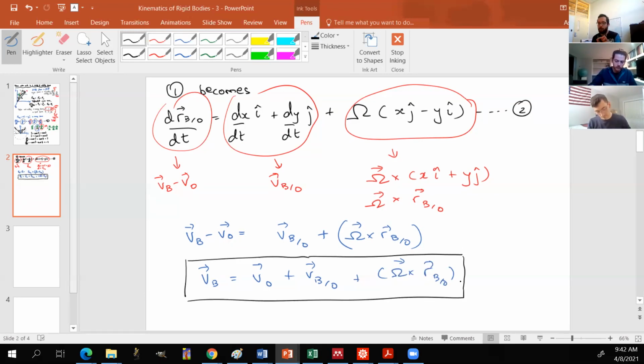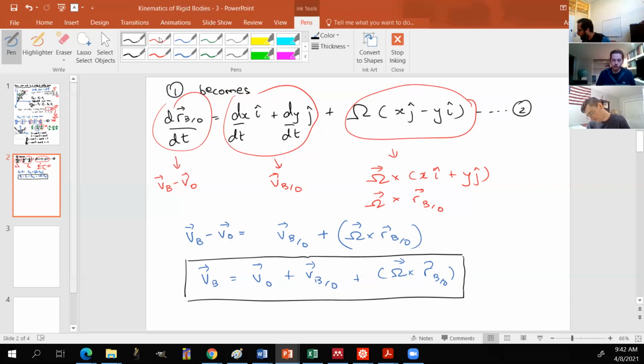Basically, previously what we'd seen was just pure rotation. Now we're combining rotation and translation, whereby you can have the motion of one point relative to the other. So this describes any possible motion for a rigid body, for its velocity.